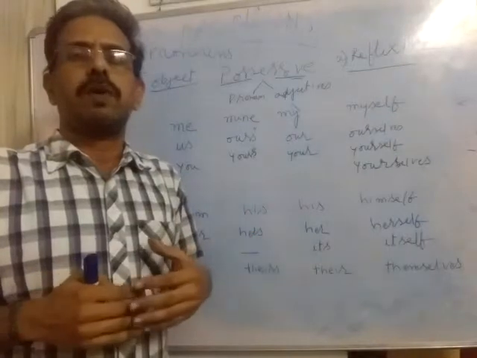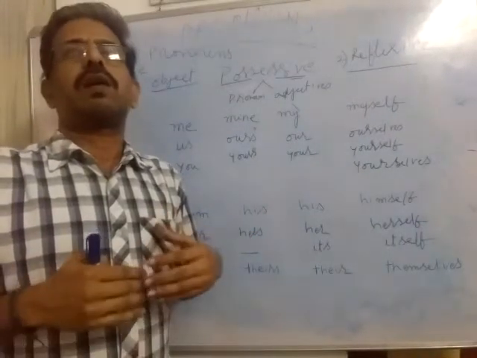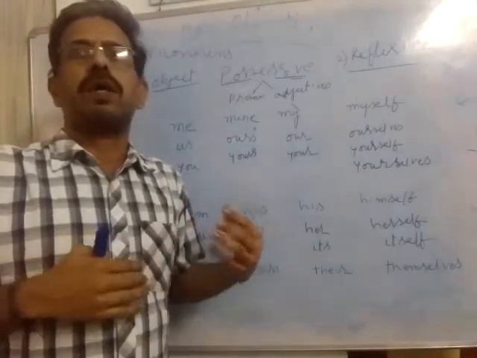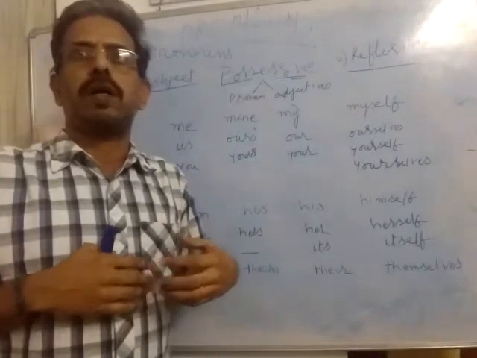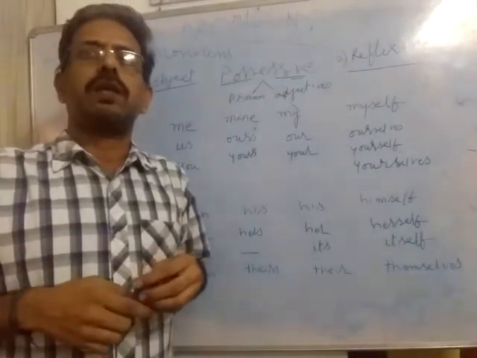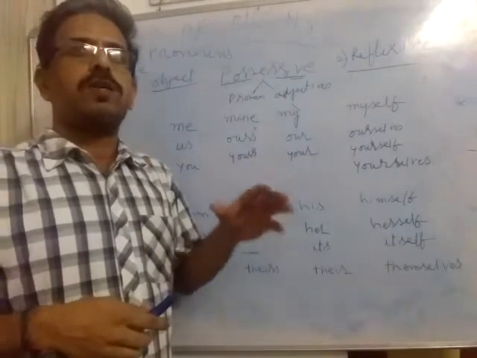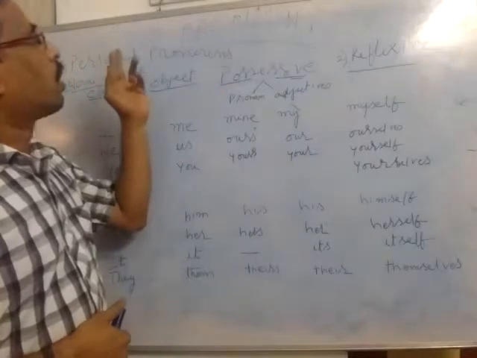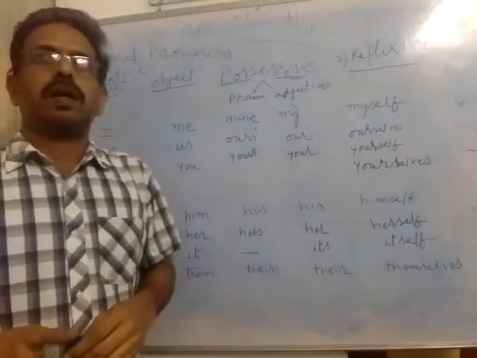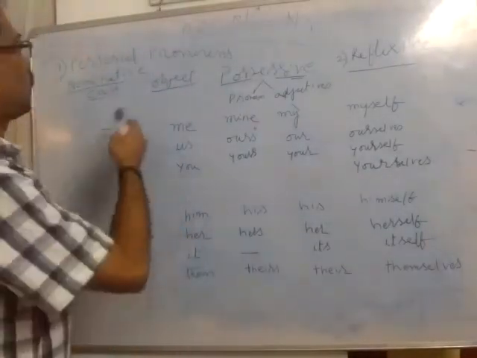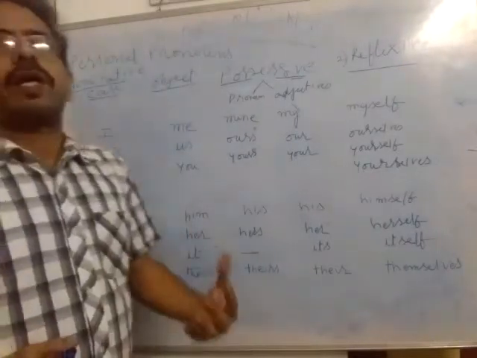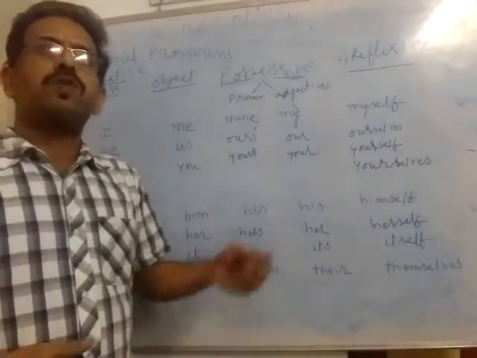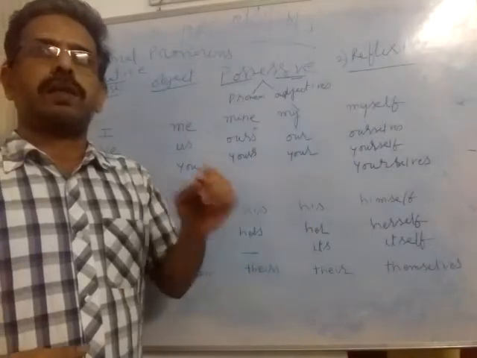We generally use these pronouns very regularly in our speech or conversation. So I'm going to give you the first one. The first classification of pronouns is the personal pronouns. Personal pronouns are nothing but pronouns which refer to a person or a thing.